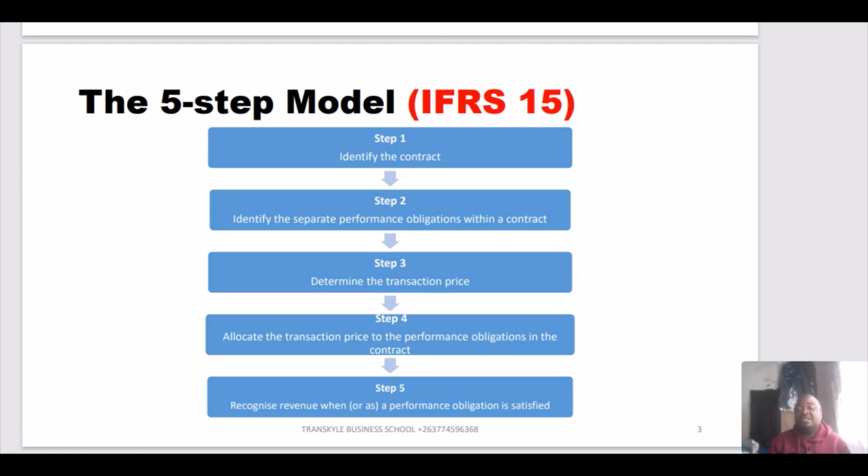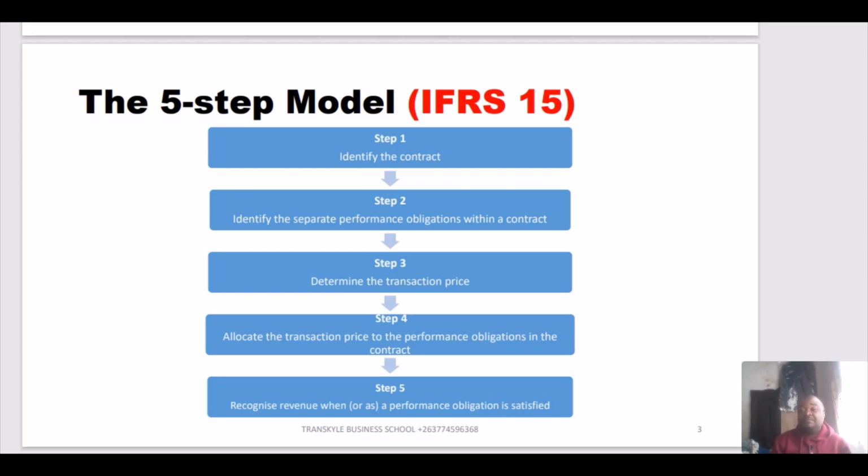There are 5 steps which have to be satisfied for you to recognize any income as revenue. Remember, there are so many types of income, but for you to recognize a certain income as revenue or as sales, you need to satisfy the 5-step model.